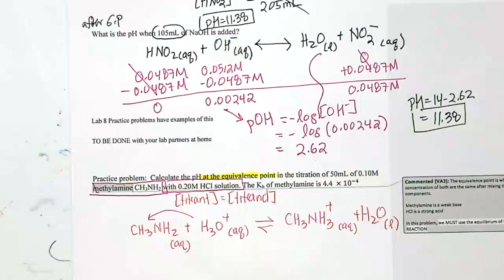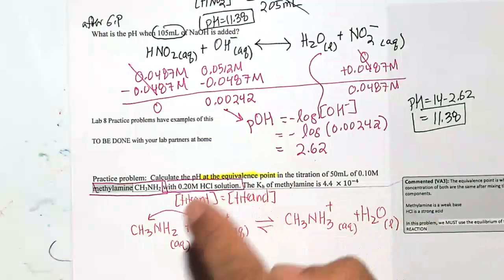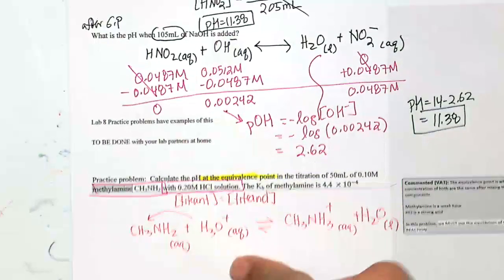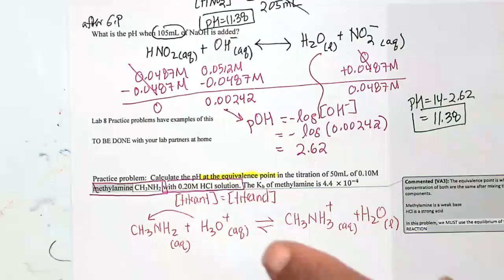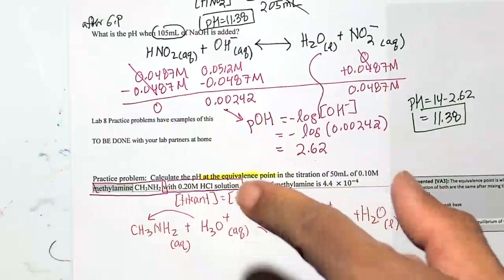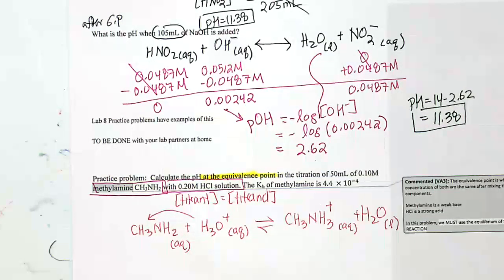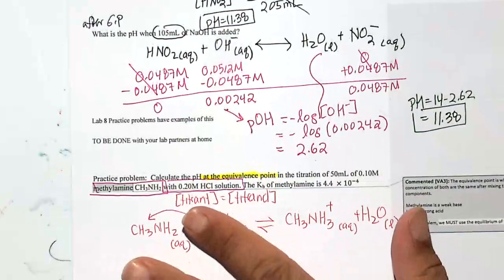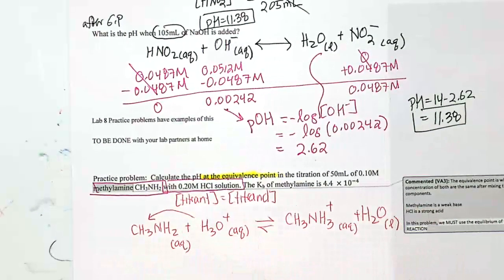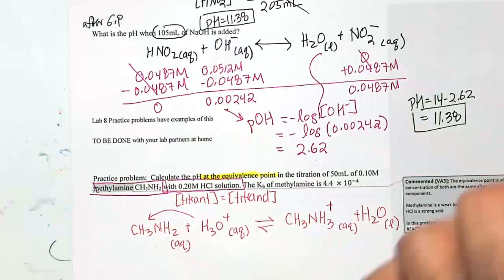You will use the back. At what part of the titration? Before, after, or at the equivalence point? You will use the back reaction at the equivalence point. I'll post the answer up so you can check your work with mine. Make sure you do this as some extra practice.